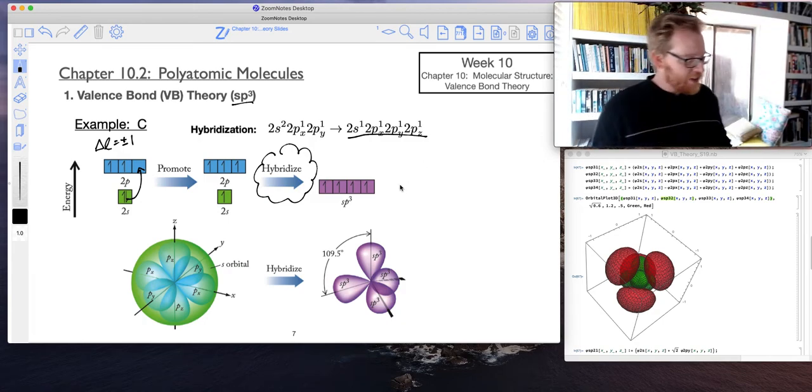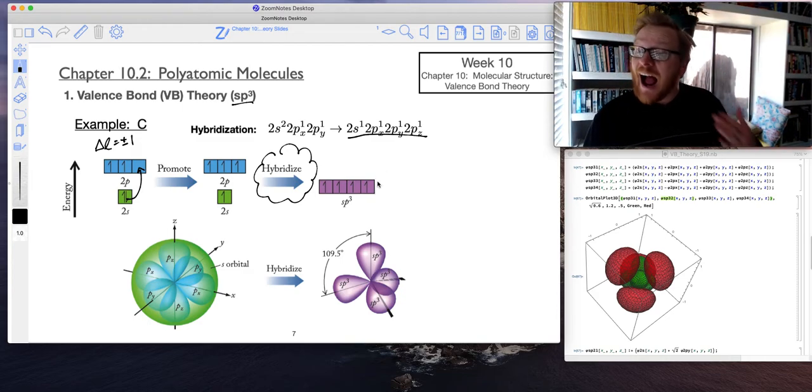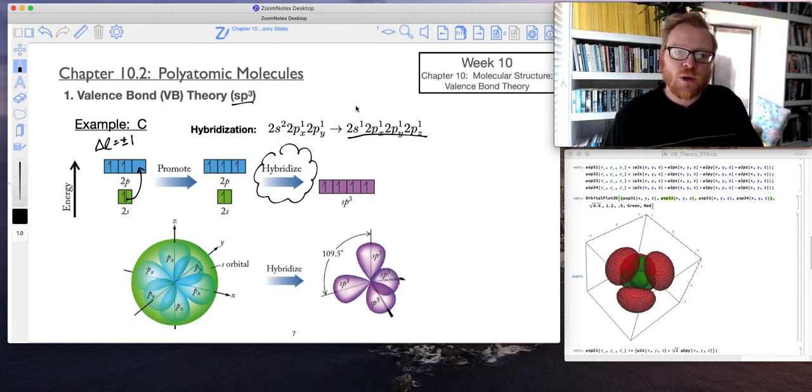And we view this as creating what's called a new orbital, a hybrid orbital, which is sp3, and it's literally because there's 1 s and 3 p's, okay?